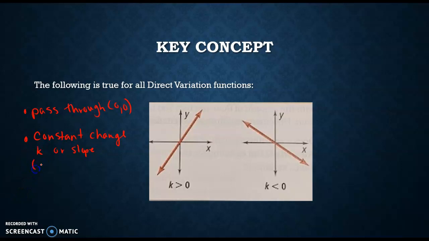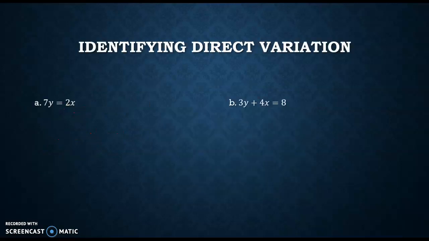It may also be referred to as a. In a previous district I worked in, that's what we referred to the constant of change. It really doesn't matter. It's slope. You need that constant rate of change, that slope, for it to be a direct variation. So it has to pass through 0, 0, and it has to have a constant rate of change. Knowing those two things, then we can go into identifying whether we have direct variation.